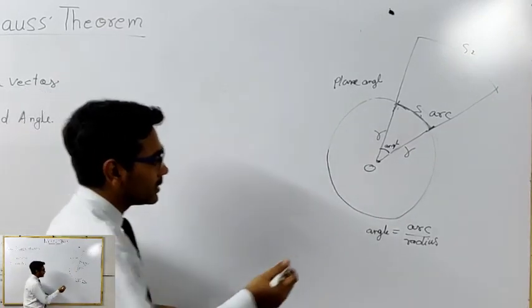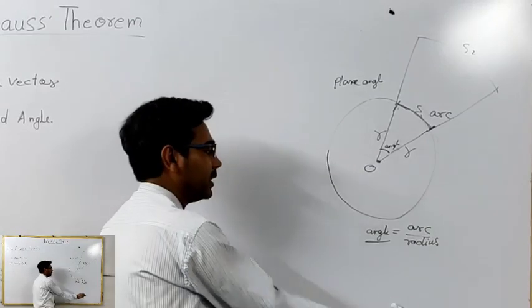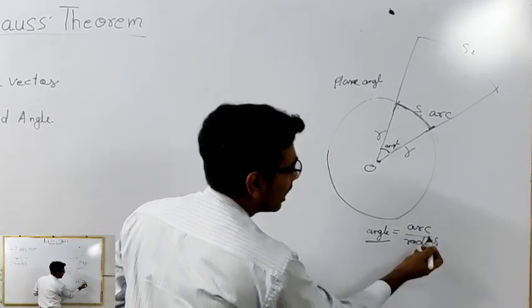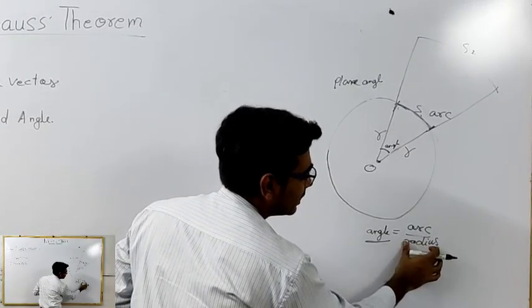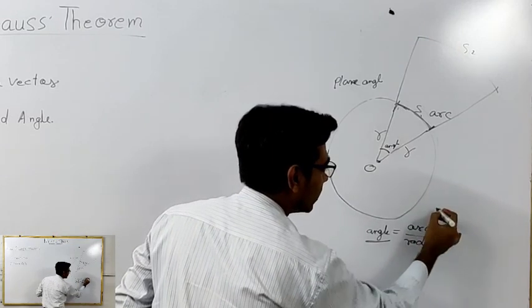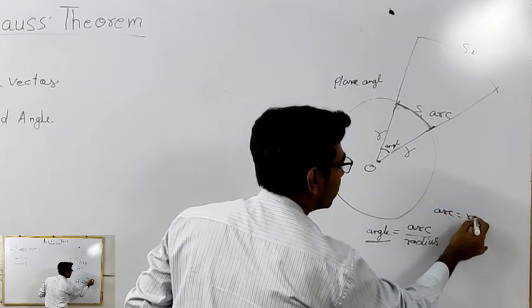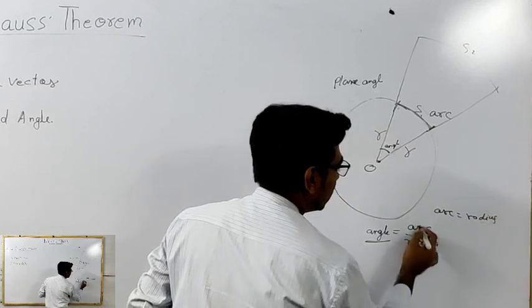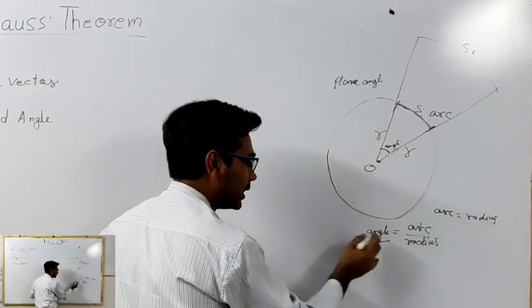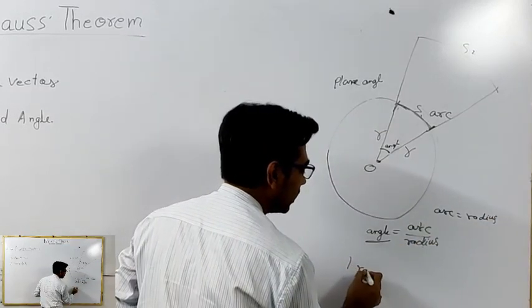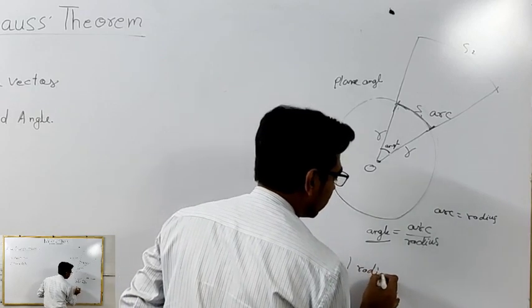How will we define this angle? If the arc and the radius are the same length, if arc is equal to radius, then these two will cancel out. Then we call it one radian, 1 radian.